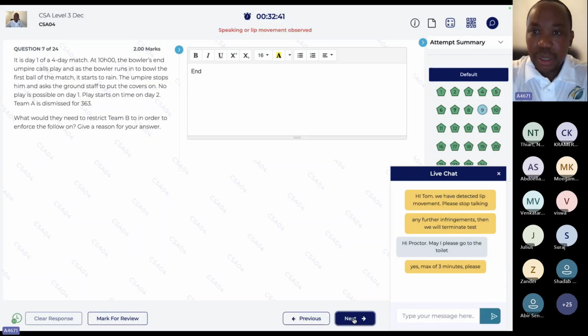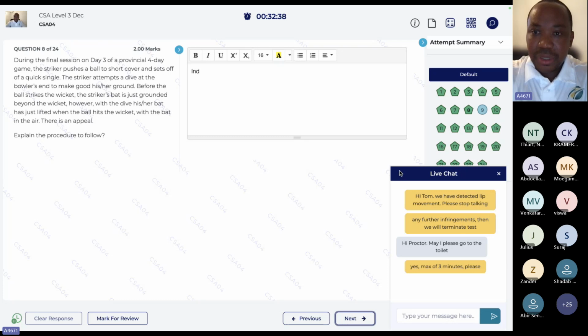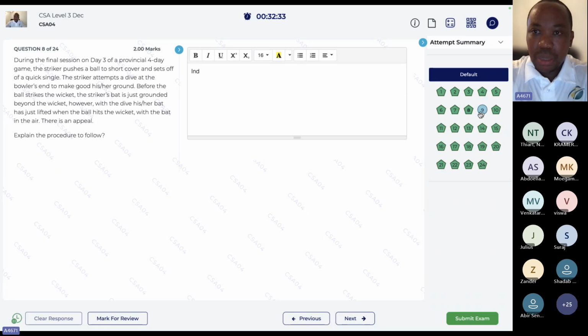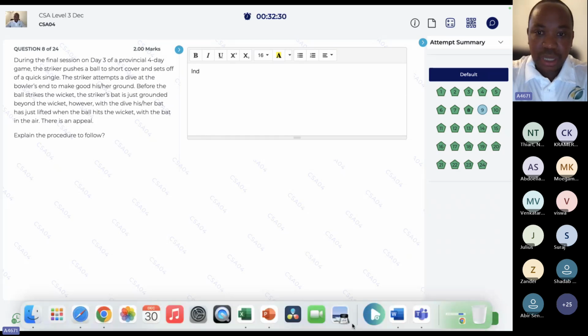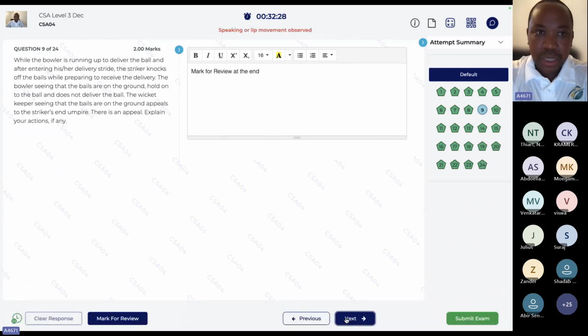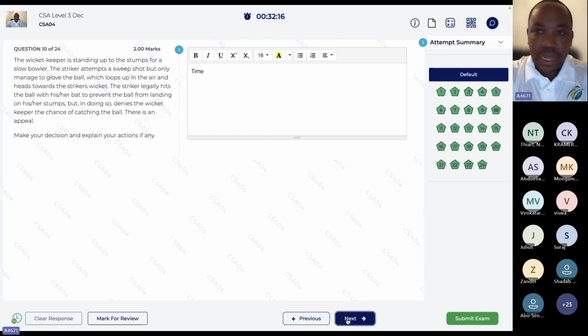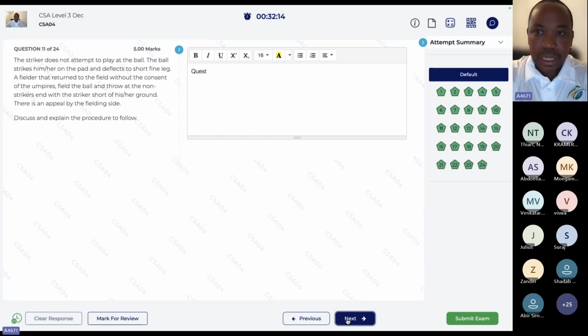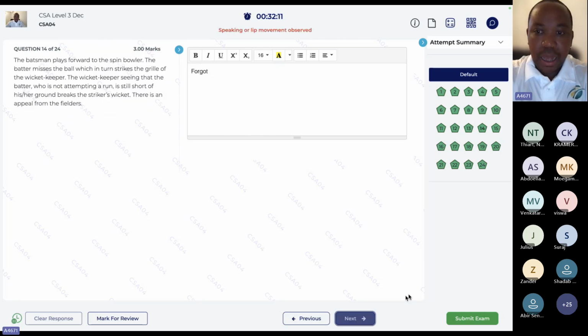Question 9, correct. So on the right-hand side of the screen, you can see all the questions that have been submitted. Question 9 wasn't submitted. That's why it's gone all the way back. I'm going to unmark it for review and say reviewed. And then if I go next, it still takes me through all of them again. It now actually has the option for me to submit the exam because they're all green.